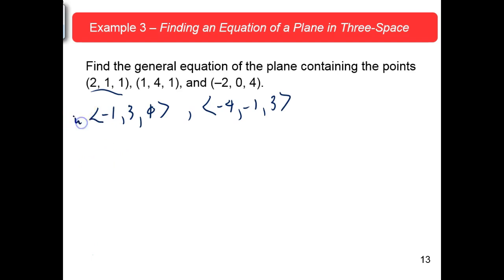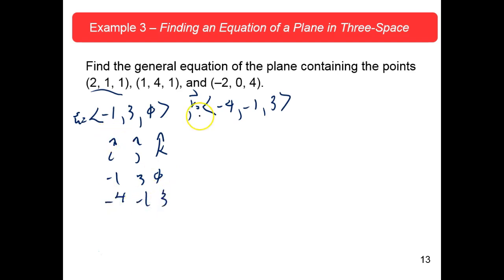We're going to call this U and V. Okay, you put the i, j, k at the top. These are unit vectors. Then -1, 3, 0, and -4, -1, 3.